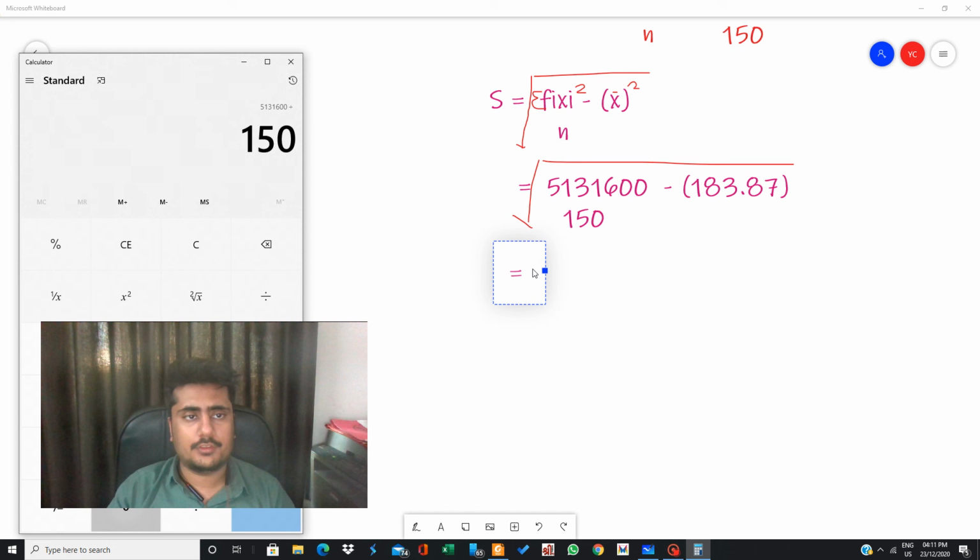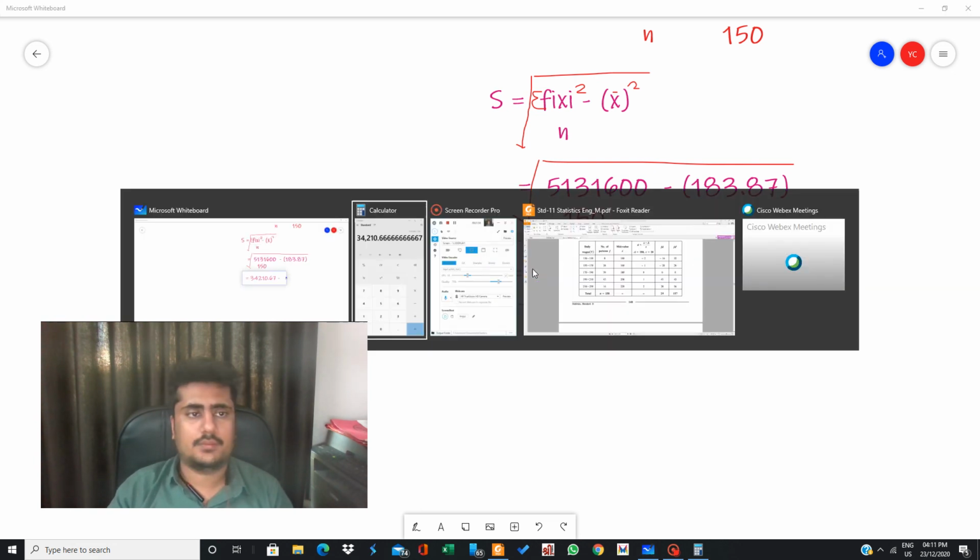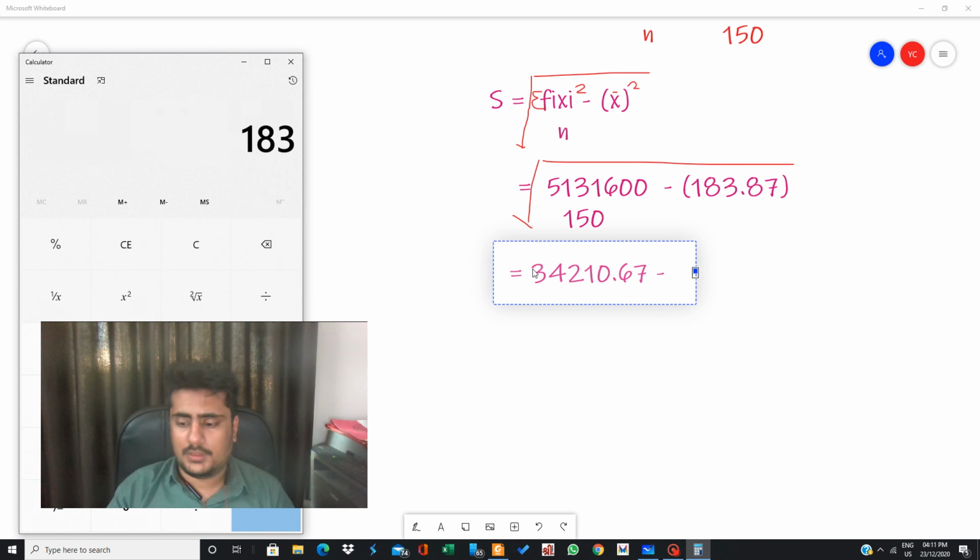It's 34210.67 minus 183.87 square, which is 33808.18.